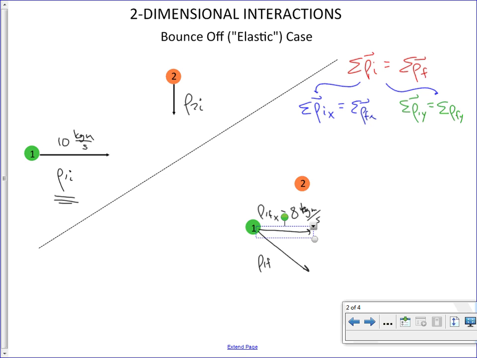I think 8. Yeah, I'd say 8 is reasonable, right? Well, where'd the other 2 go? They went right here. So that is P2 final X, which has to be 2. Make sense?